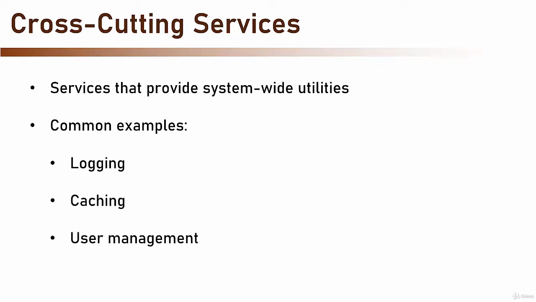Now, the most important thing to know about these services is that they must be part of the mapping. These services can greatly simplify the design and development of other services, and in fact, they usually should be developed early in the project. So make sure to include these in your mapping.